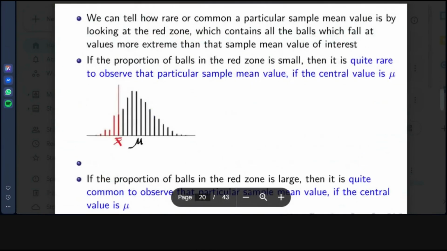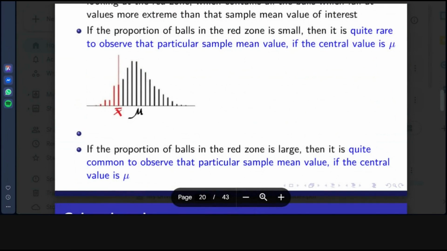So if the proportion of balls in the red zone is large, in other words, there are many balls in that zone near the x bar that you saw, then it means that when you sample many times from a population, it's quite often that you see means like that.